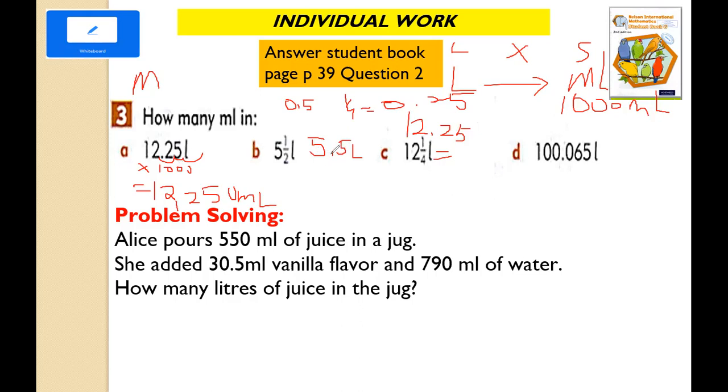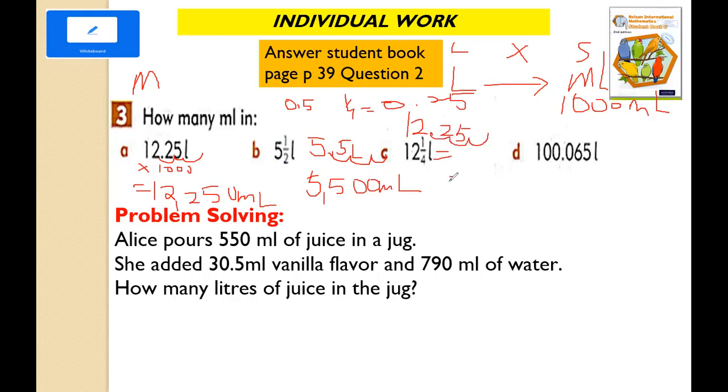So now let's multiply all by 1,000. So we will move it how many times? 5.5 times 1,000 is 1, 2, and 3. Therefore, the answer is 5,500 ml. And this one we will move 3 times. 1, 2, and 3.